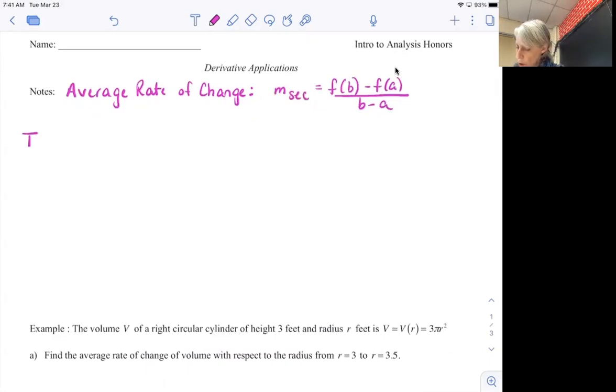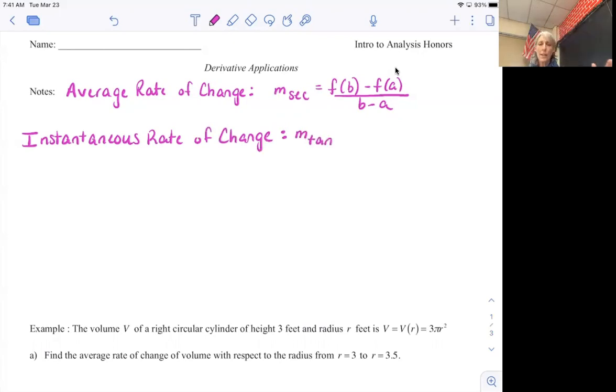And then we also know we can find the instantaneous rate of change, which we call the slope of the tangent line. Now we could go back and rewrite it as the limit, but why bother? We know that we can find the slope of the tangent line by using the derivative, f prime of x.